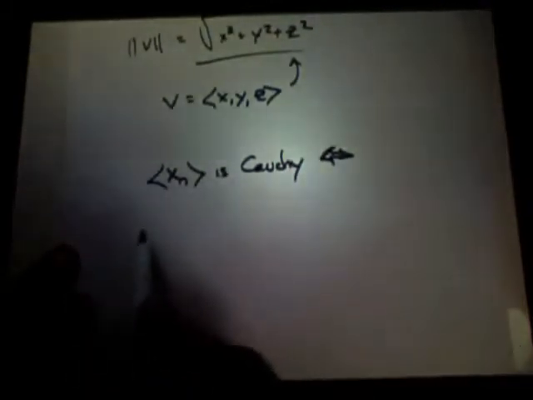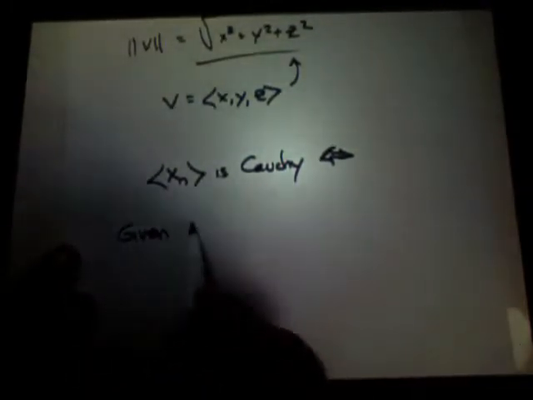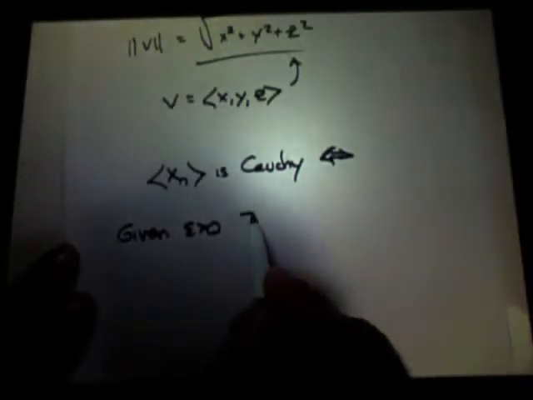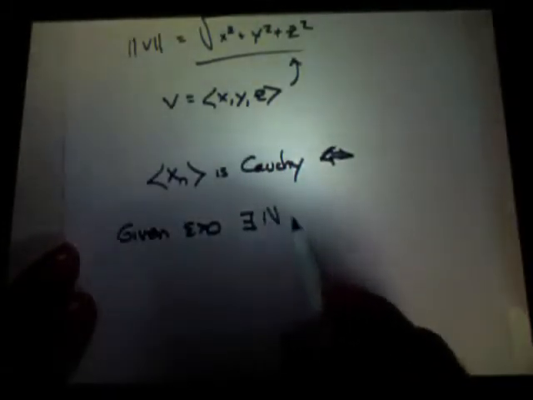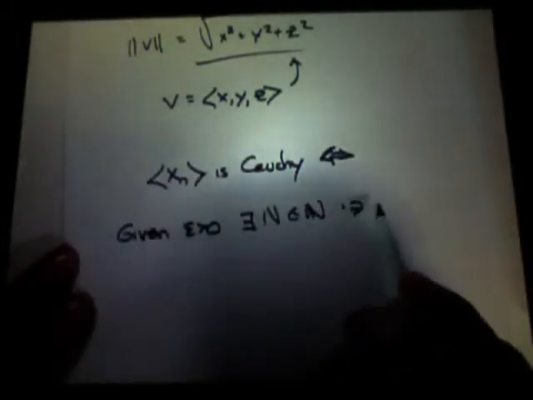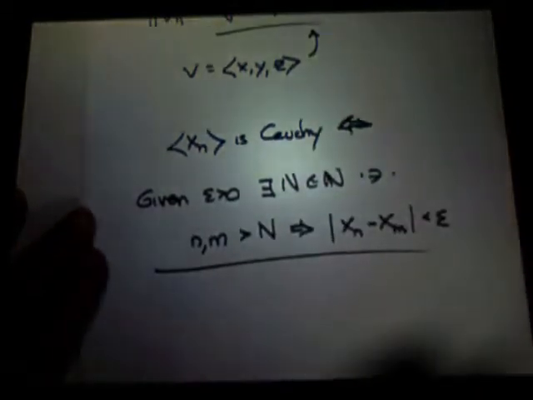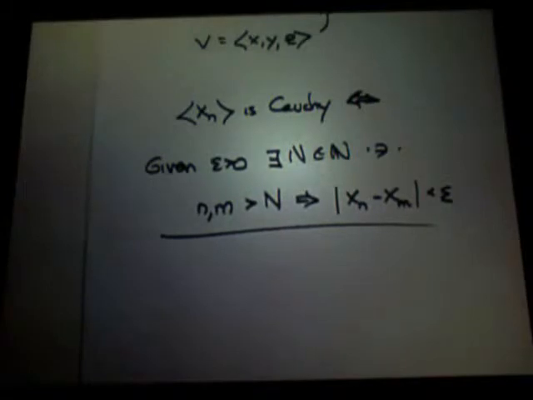It's Cauchy if, given epsilon greater than 0, there exists an N such that whenever n and m are both greater than N, that implies the absolute difference between x_n and x_m is less than epsilon. Okay, so that's what a Cauchy sequence is.